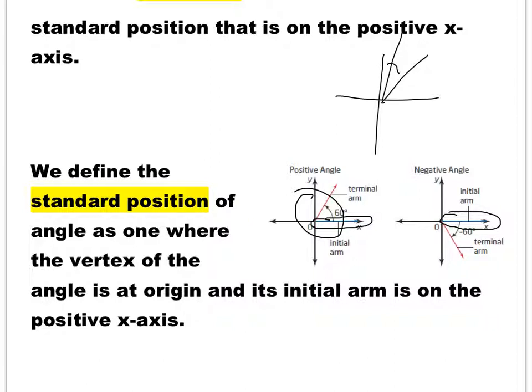One side is on the positive x-axis, which we call the initial arm. The other one is called the terminal arm, which I mentioned before, which is this red one. Again, this angle, because it's counterclockwise, is positive, so it's 60 degrees. The other angle, which is going to go clockwise, is going to be negative. So counterclockwise is positive, clockwise is negative.